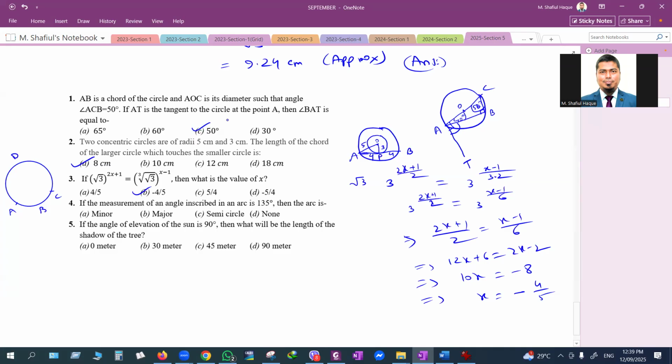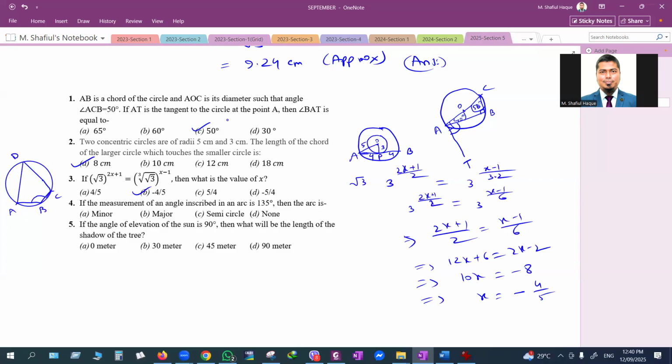Now, if you draw an angle whose vertex lies in the minor arc, it will be, of course, an obtuse angle, and whose vertex will be in the major arc, it will be acute angle.